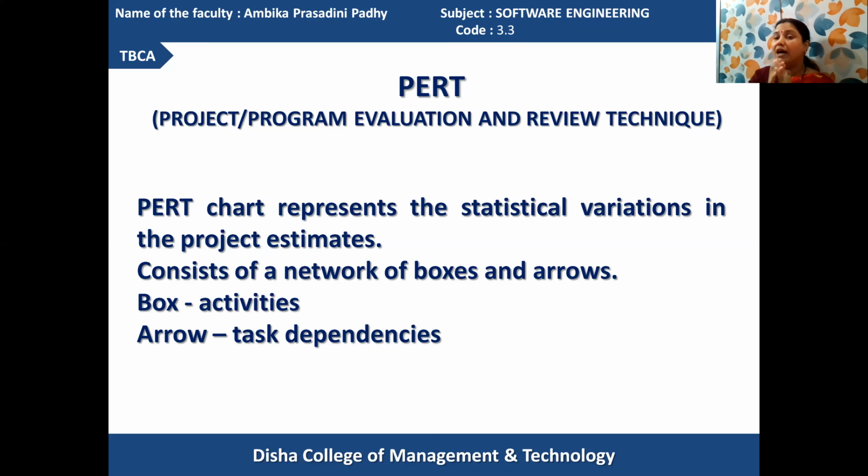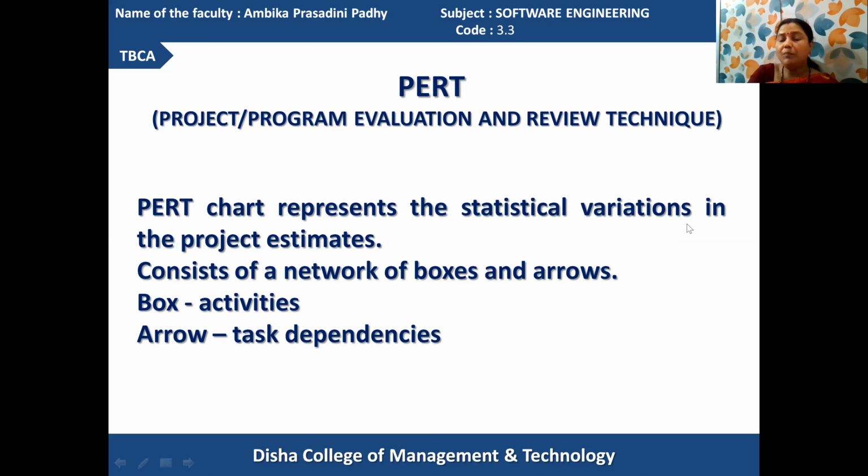To specify that, you can use a PERT chart and note down the optimistic time requirement, the pessimistic time requirement, or the most likely requirement, that is 15 for the specification. Got it? And to specify all those, the network contains a box to specify the activities and an arrow to specify the task dependencies between one another.